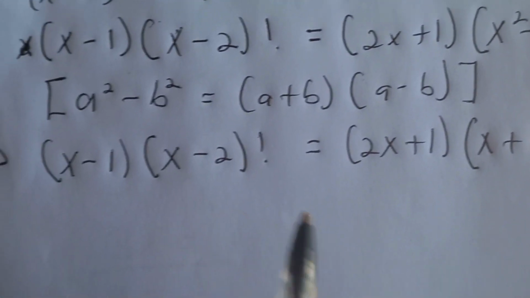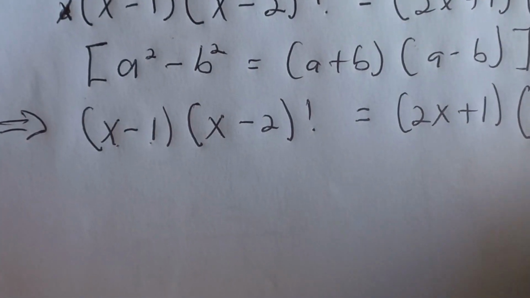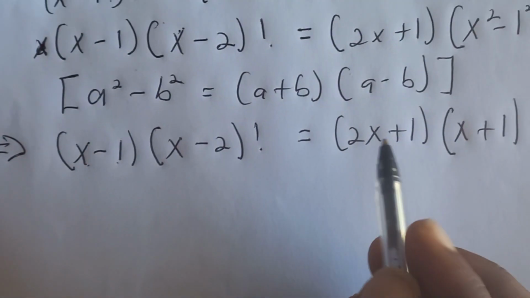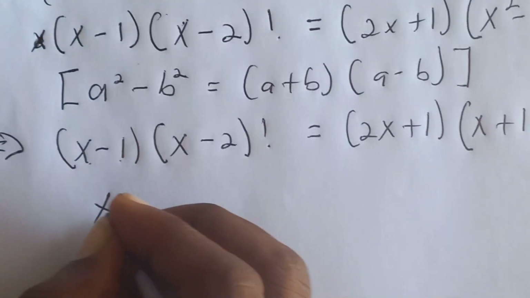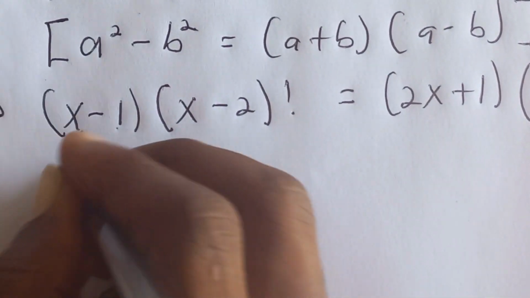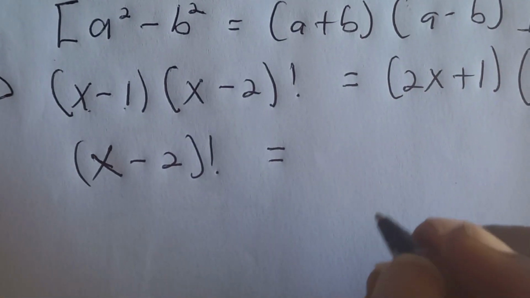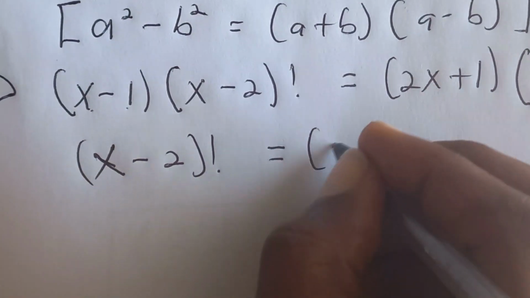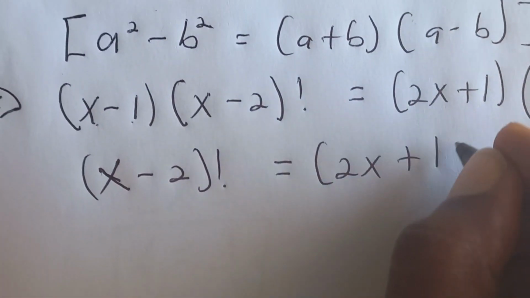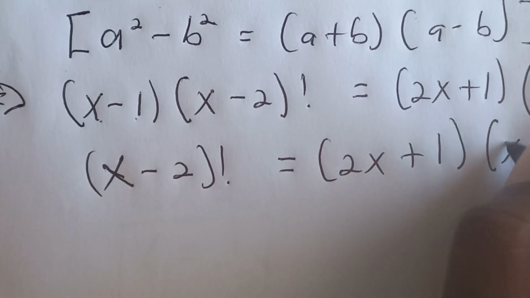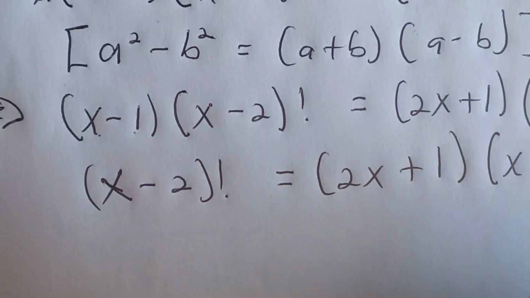Then (x - 1) and (x - 1) cancel out, leaving (x - 2) all factorial equal to (2x + 1) into (x + 1).